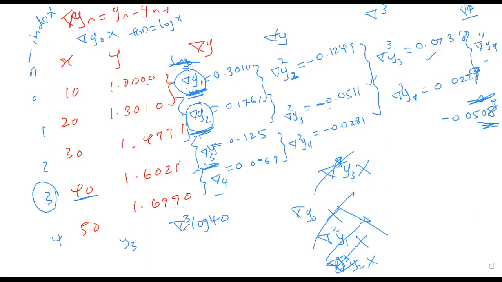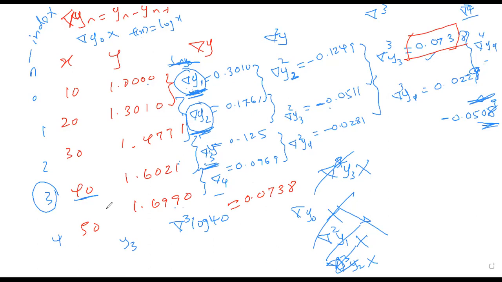So nabla cube y3. Where is the nabla cube y3? Yes, I got the answer. So if you put like this, it will be very easy. So this is my answer, which is equal to 0.0738. That's all. Okay, it's a positive, isn't it? So what is their second question?